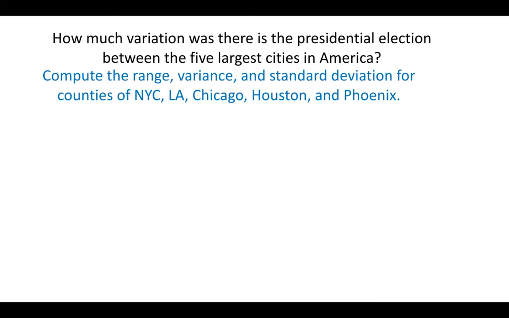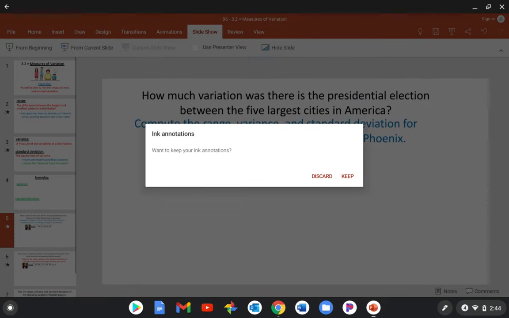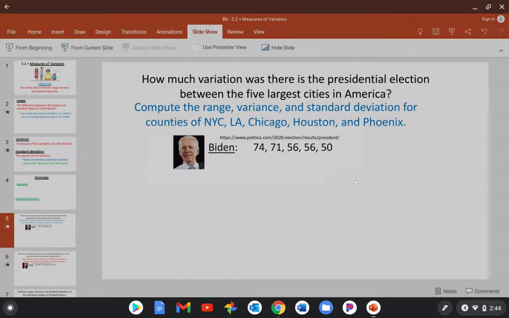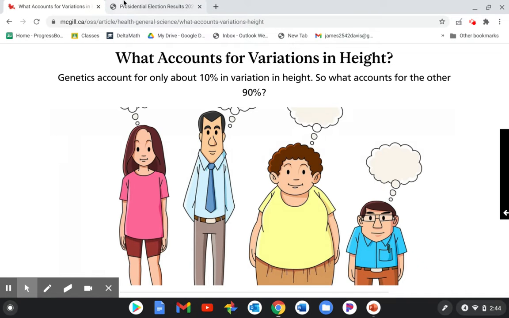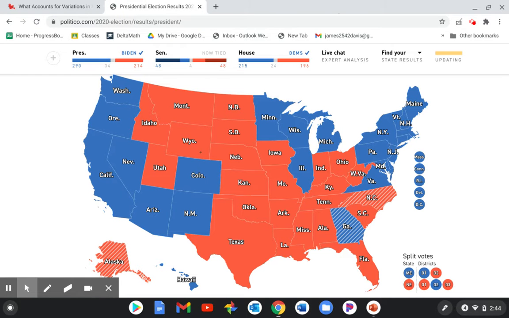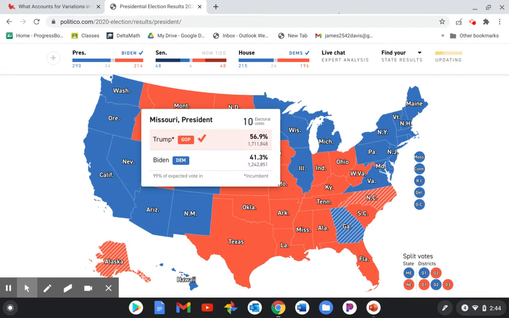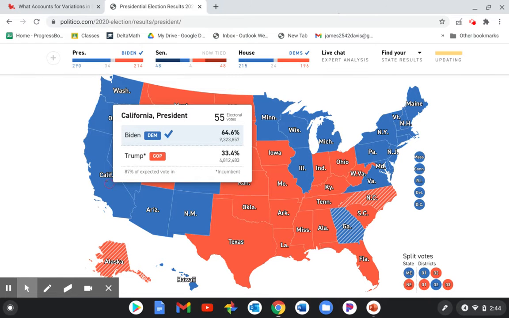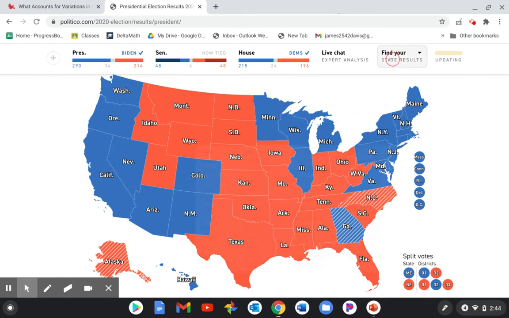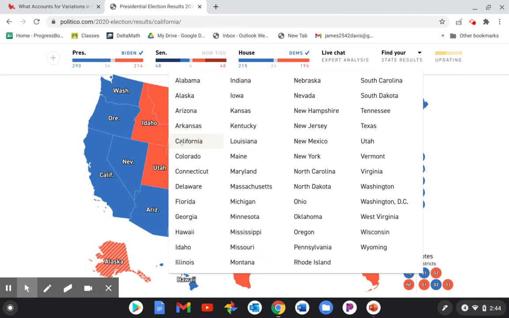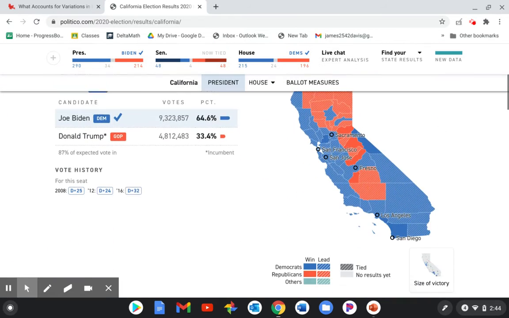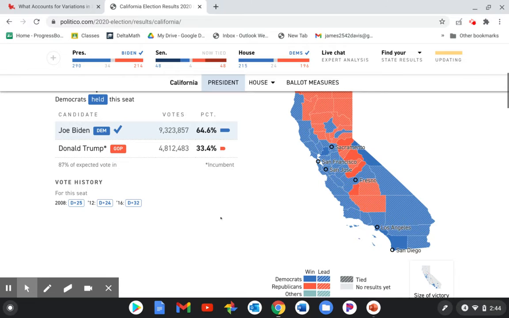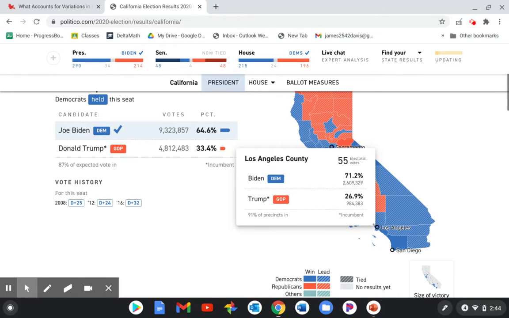So we're going to look at the 5 largest cities, and the site I'm using here is Politico. It shows you the breakdown of all the states as they've been called so far. So if I were to click on, let's just say, the California one, it will break it down by county. You can go look at individual counties. See, Joe Biden won California, and in LA County, where LA is, Biden got approximately 71% of the vote.